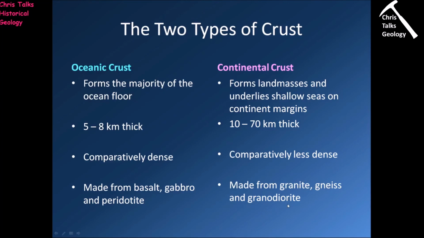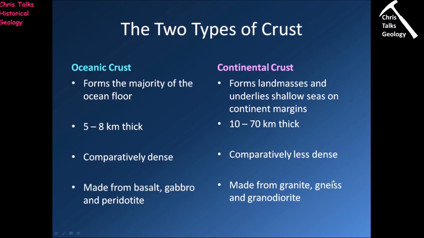And granodiorite. Granodiorite is an intermediate igneous rock, so it's not quite as rich in potassium feldspar and sodium plagioclase feldspar, but it's slightly richer in things like calcium plagioclase feldspar and has a little bit more of the ferromagnesian minerals, but it's still a very feldspar dominated rock.